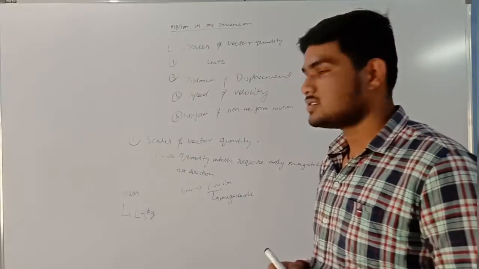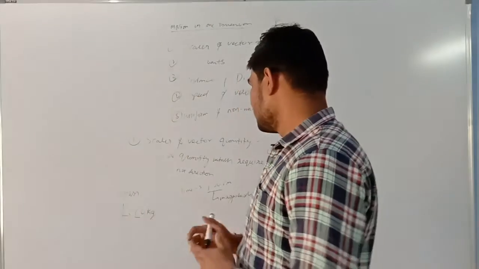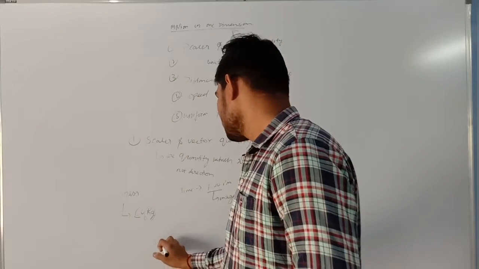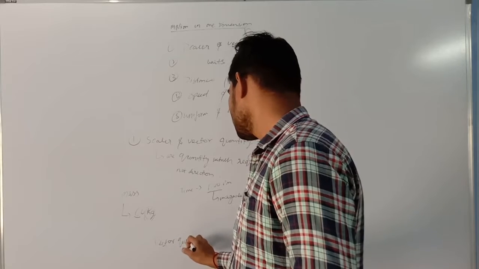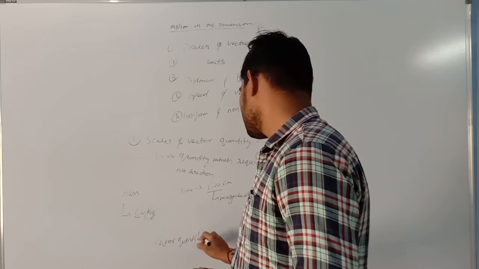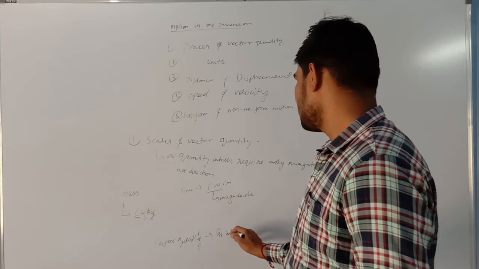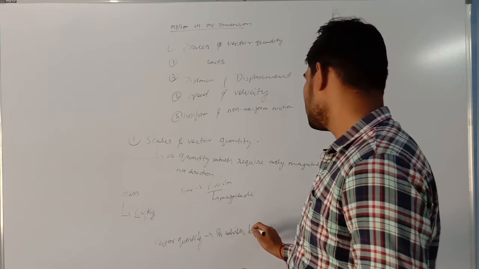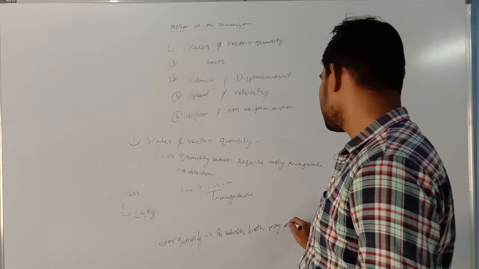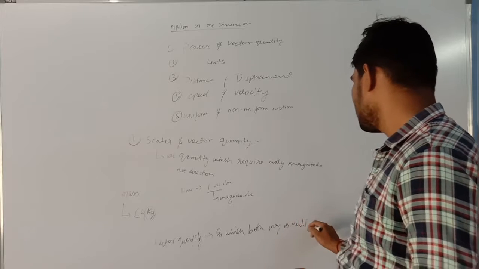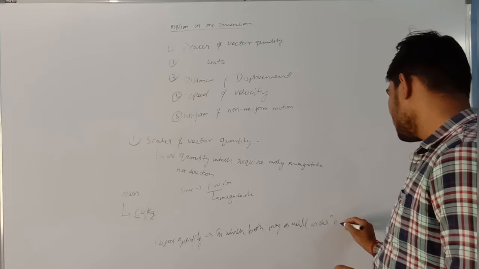Okay, so now let's go to vector quantities. So what are vector quantities? Those in which both magnitude as well as direction is required.